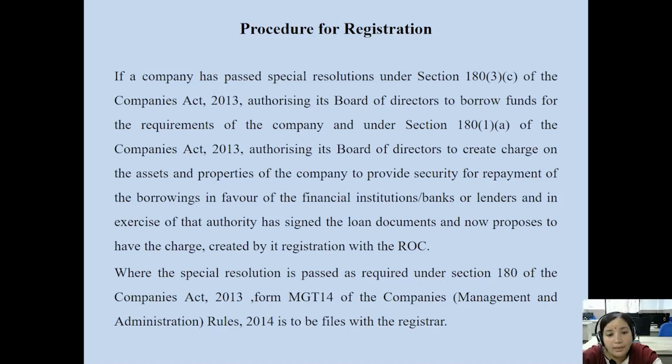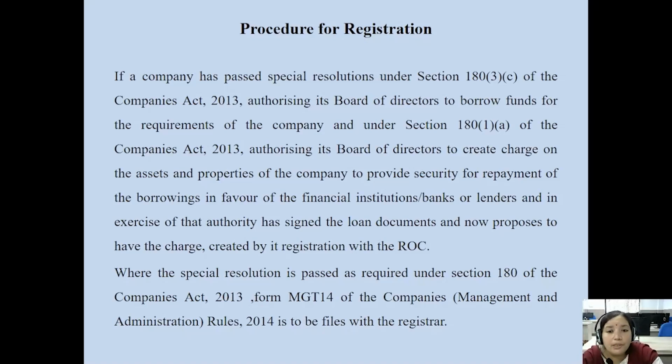That makes your document a valid, confirmed document, because you registered your charges with the registrar of companies and paid the registration fees for the registration of the charge over the assets of the company. For that purpose, you have to pass a special resolution to give it effect in the register of charges under section 180 of the Companies Act 2013, and form number MGT 14 of the Companies Management and Administration Rules 2014 is to be filed with the registrar.